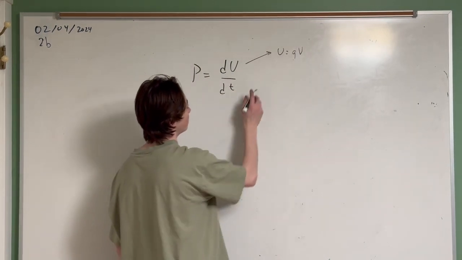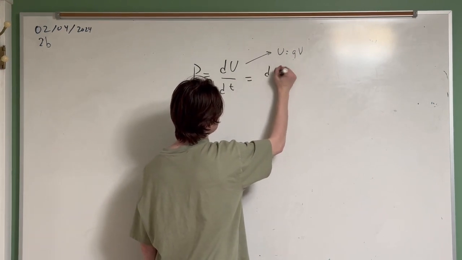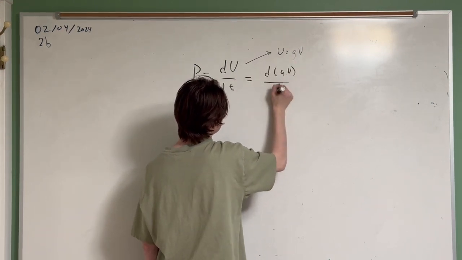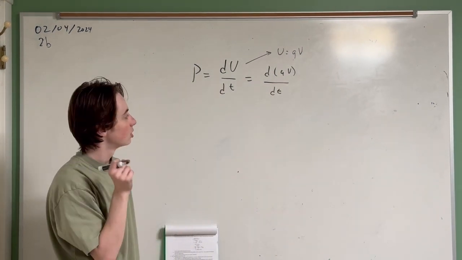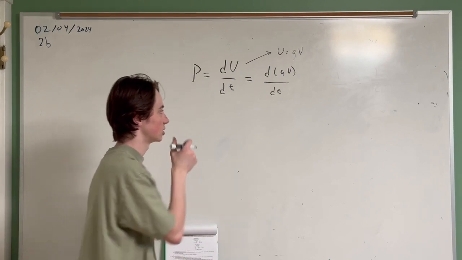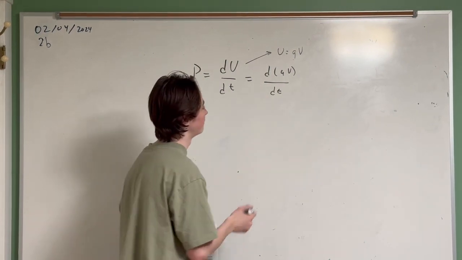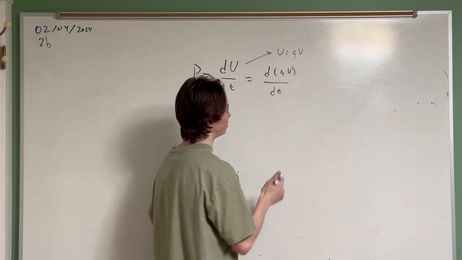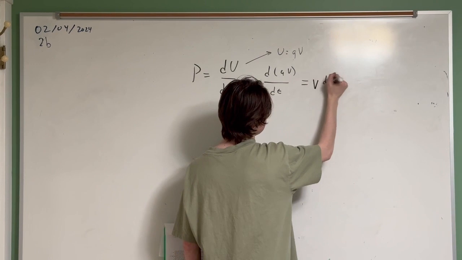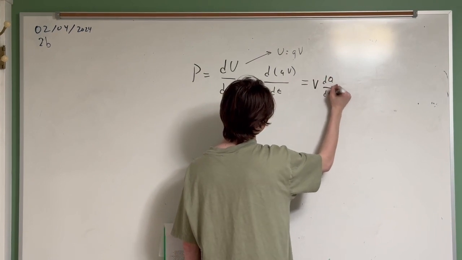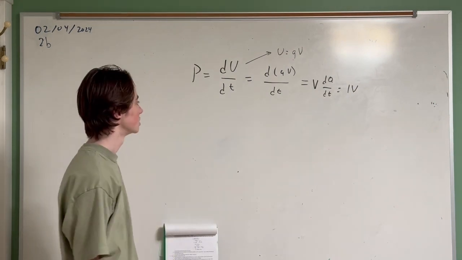Therefore, dU/dt is equal to d(QV)/dt. But usually it's not the charge that's changing, or usually it's not the voltage that's changing. If there is, you can use the chain rule on this formula. But if it's just the charge that's changing, that's equal to V times dQ/dt, which is equal to IV. Current times voltage is equal to power.